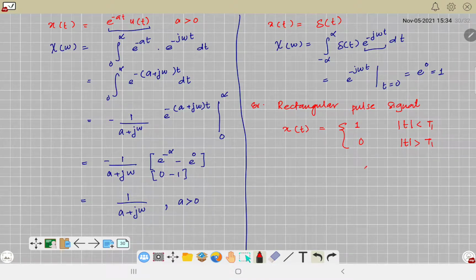Okay, so if you want to plot it, a simple plot, because magnitude is involved, it is on either side of 0. So this is 0. It extends from minus t1 to plus t1. Again, it's a non-periodic signal, because it's not repeating itself.